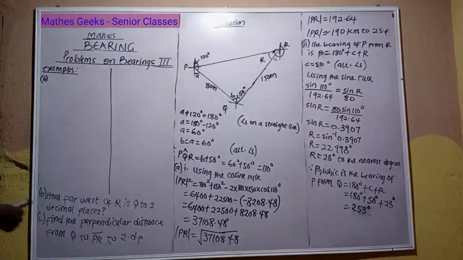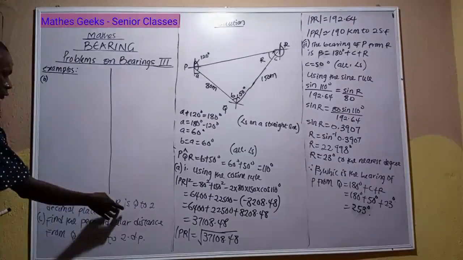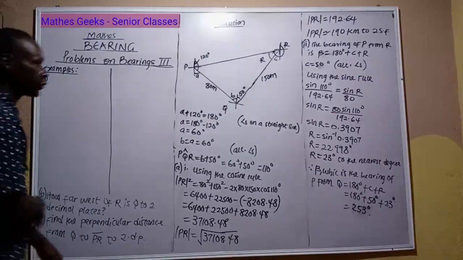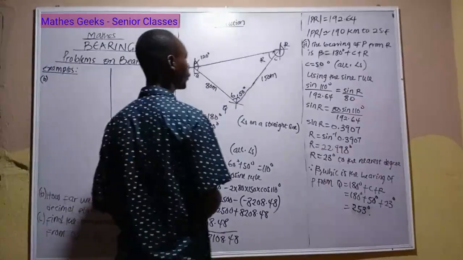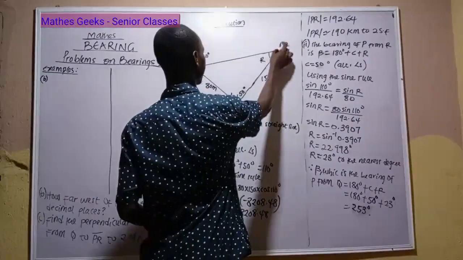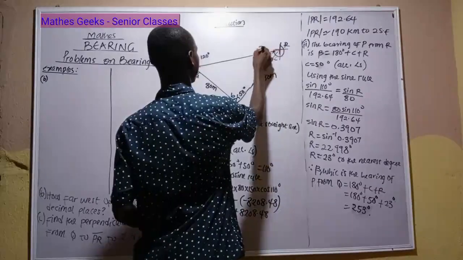Okay, B says how far west of R is Q, to 2 decimal places. How far west of R? So R, the west is this.